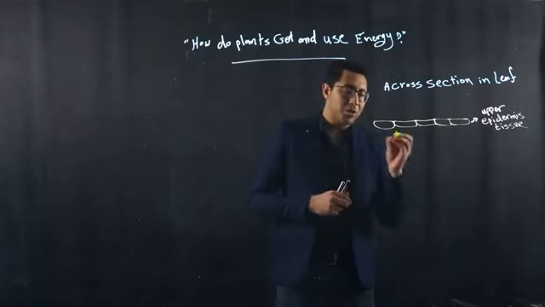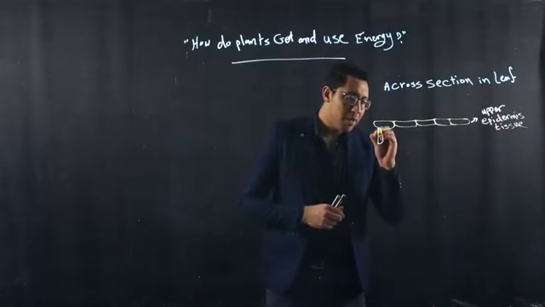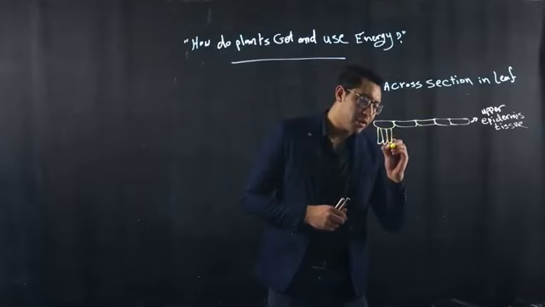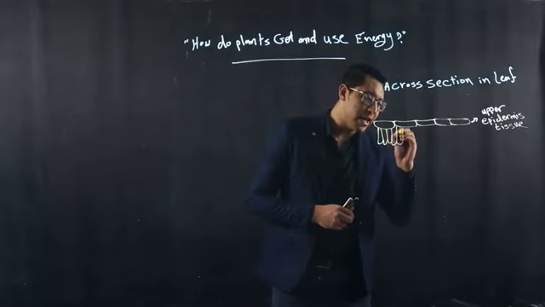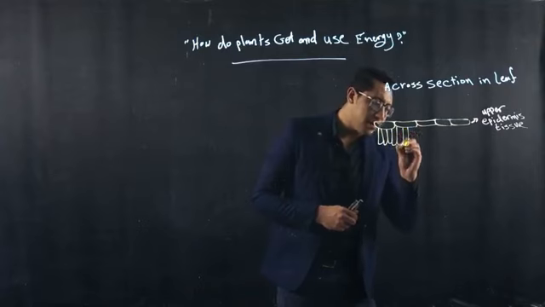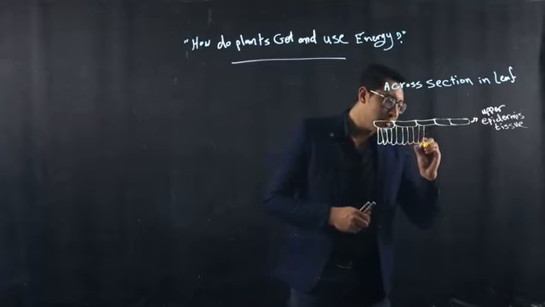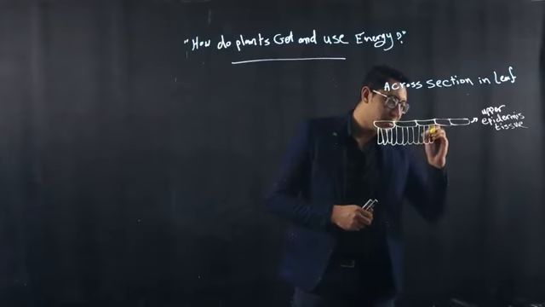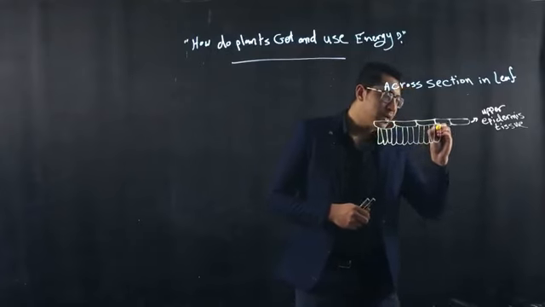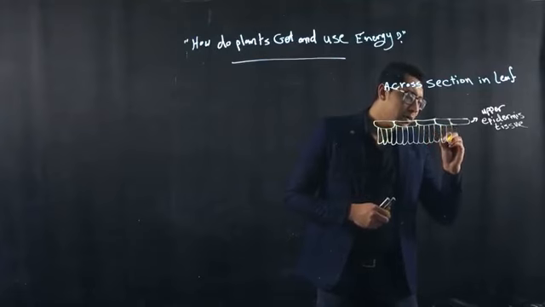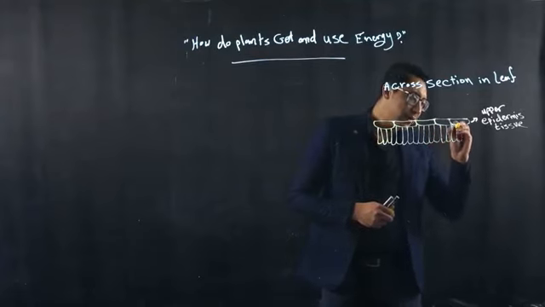The second type of tissue is called palisade tissue. The palisade tissue is made of tall, thin, and tightly packed cells. By the way, these cells are where the food is made.